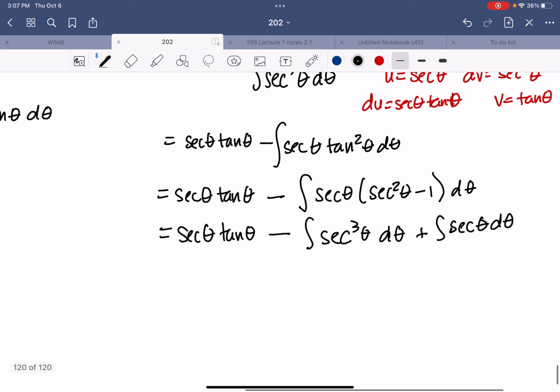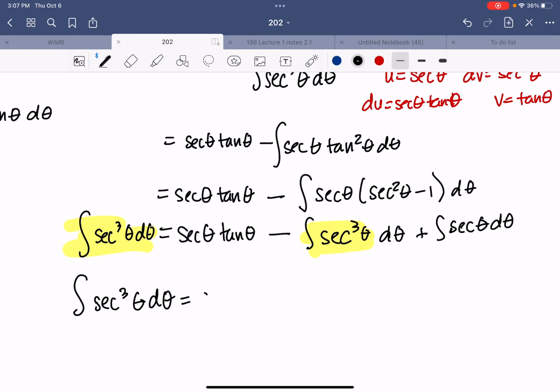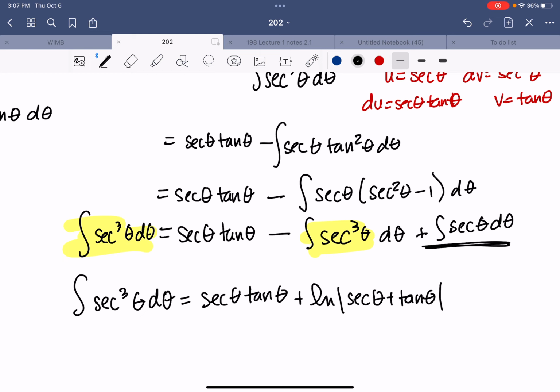And this, of course, is originally equal to the integral of secant cubed theta d theta. So we get one of these where integration by parts brings you back to the integral that you started with. And so the integral of secant cubed theta d theta is secant theta tangent theta, plus the natural log of secant theta plus tangent theta, minus the integral of secant cubed theta d theta.